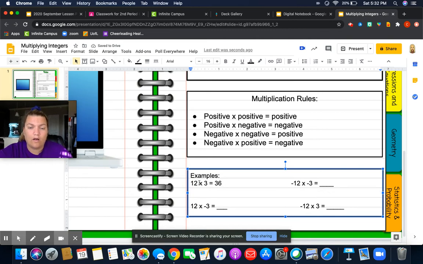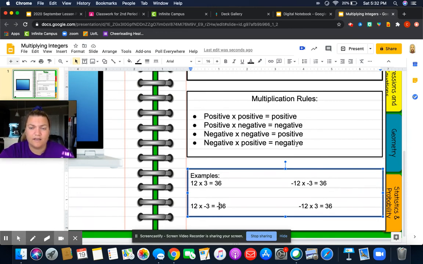So all of these answers are going to have 36 in them some way or another because we know it's 12 times 3. However, we need to figure out which ones are positive and which are negative. Here we have a positive 12 times a negative 3. Positive times a negative says that we're going to have a negative answer. So it's a negative 36. Negative 12 times negative 3.